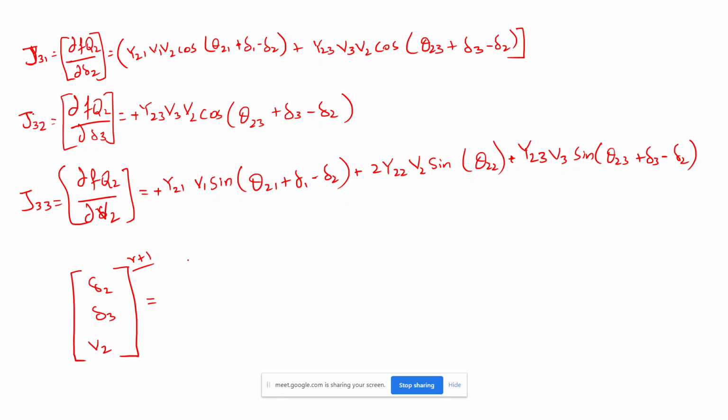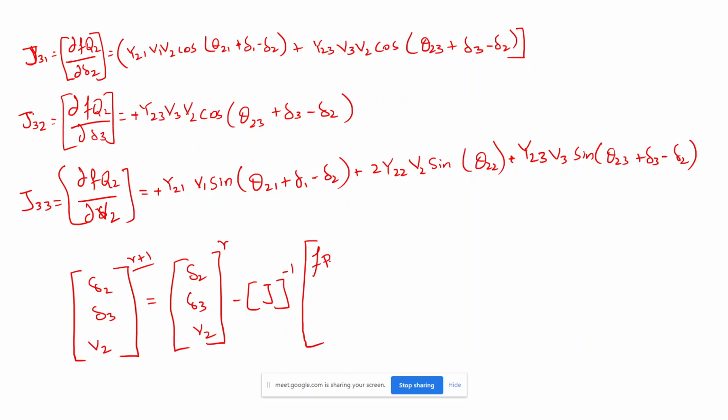So what we need to do is subtract from the old value, meaning the old value you are going to assume for del 2, del 3 and v2, the inverse of this Jacobian matrix multiplied with the power at bus 2, the power at bus 3 and the reactive power at bus 2.